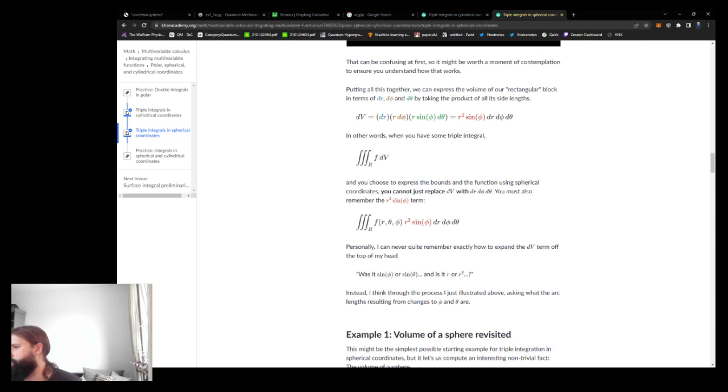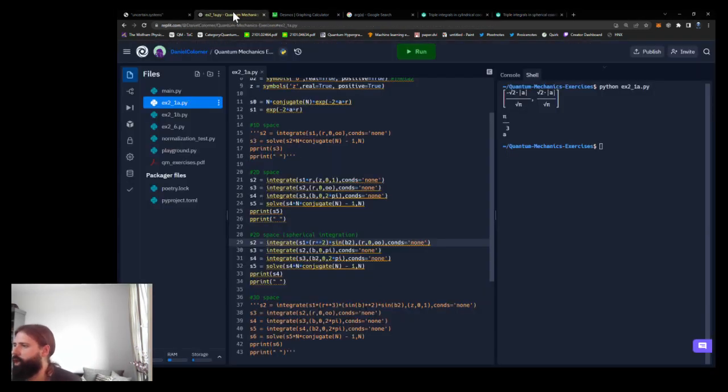As long as you match the boundaries, I think it doesn't matter which one you integrate first. Like this is r, 0 to infinite, and then the one angle is pi, another one is 2 pi. I thought this was the right order, but apparently it is not, because that gives me 0.